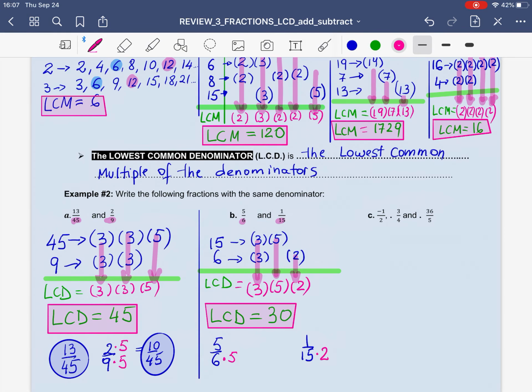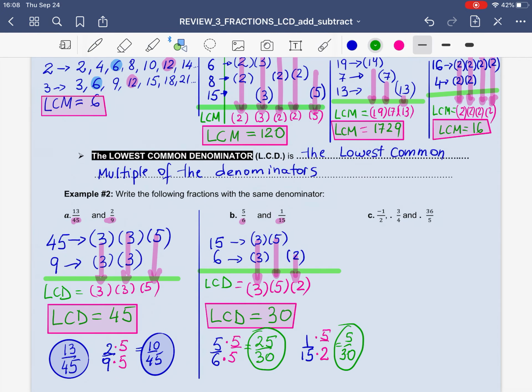So it is possible. We know the lowest common denominator. Now remember, in fractions we need to do the same thing to top and bottom, or numerator and denominator. So the fractions will become 25 over 30 and 5 over 30 with same denominators. It's the same value, okay, but now expressed differently with same denominators.